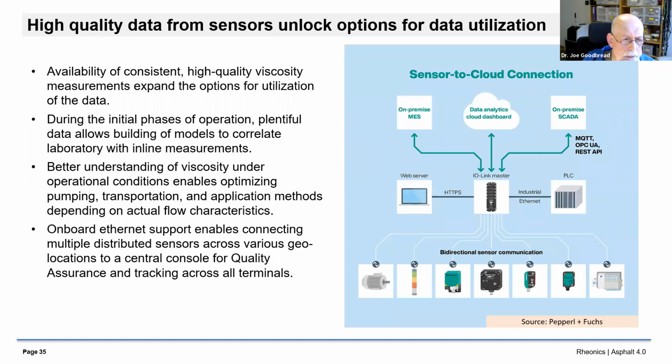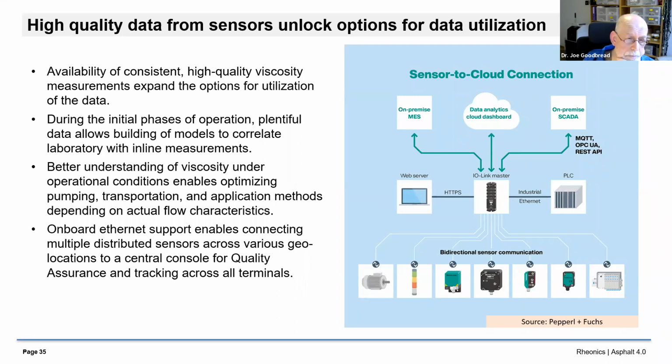So as we mentioned earlier, viscosity data is important in all phases of asphalt production, during transportation and application. So if we have a continuous data stream, that means that we can optimize processes during the initial phases of operation, allowing the correlation of inline readings with laboratory measurements.